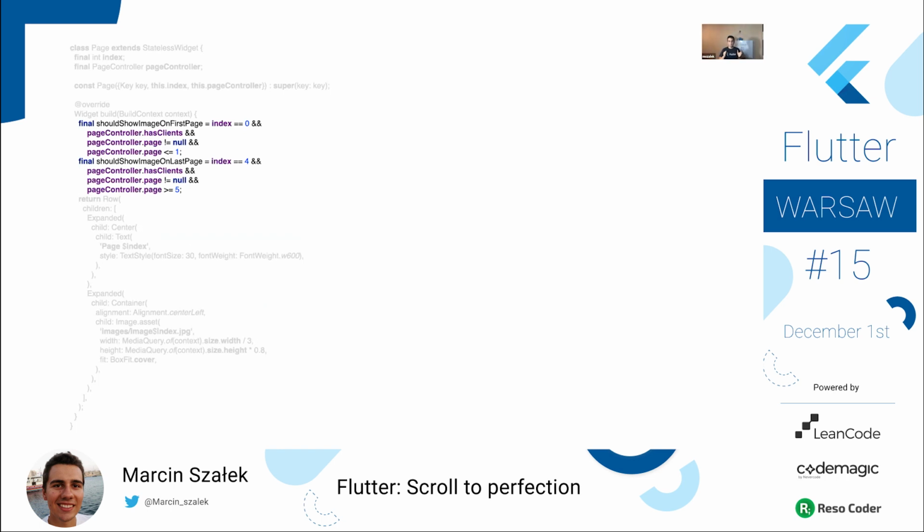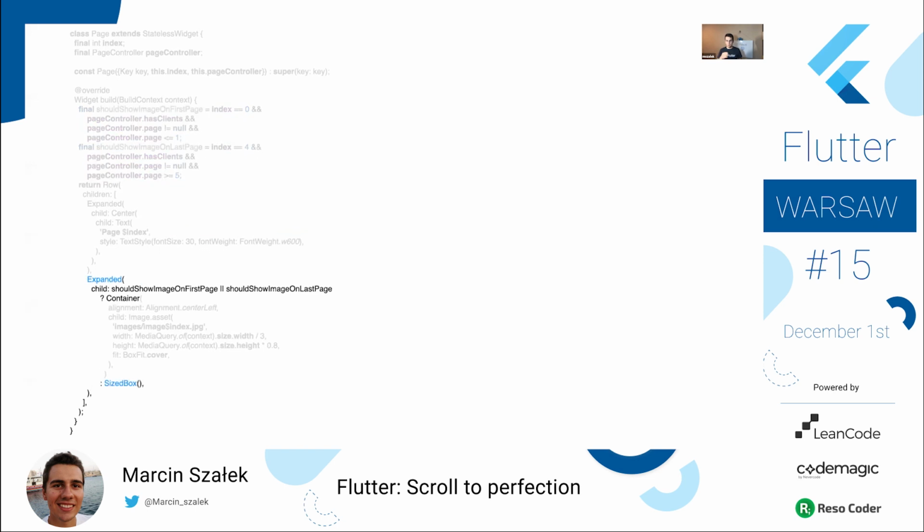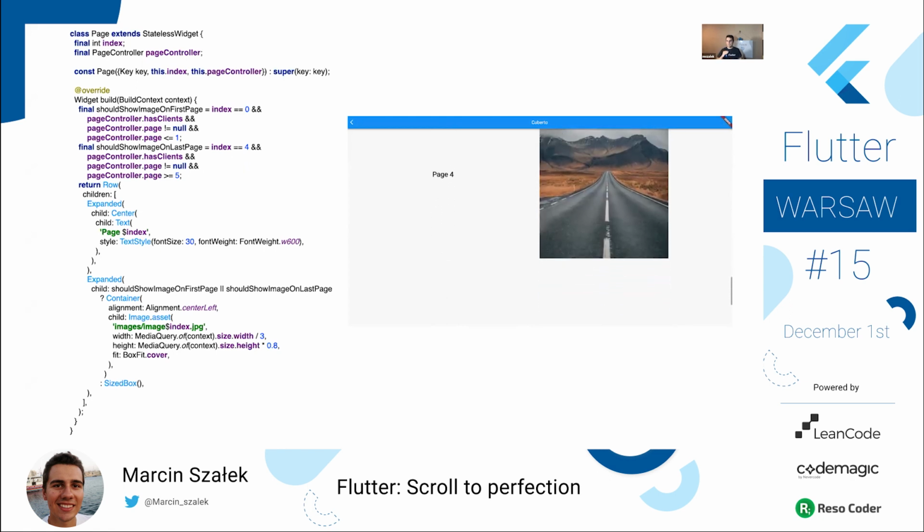So basically up to 1 and from 5 we want to display the image. And this is the check. It is very simple. And here we just add this logic. This will provide this effect. So basically we just want to hide the images from the pages when the page is between 1 and 5.